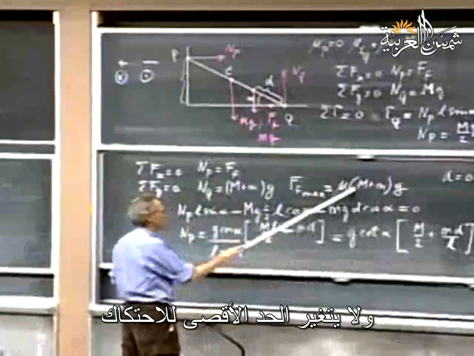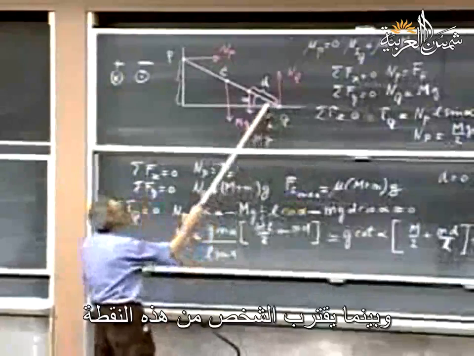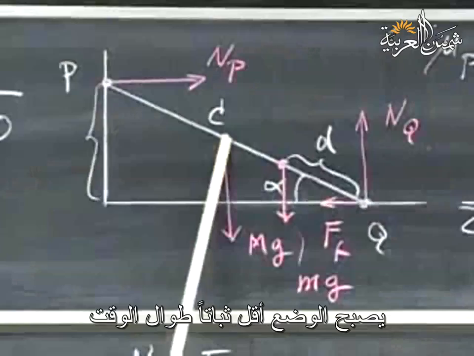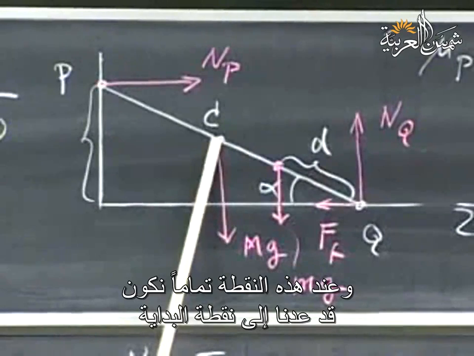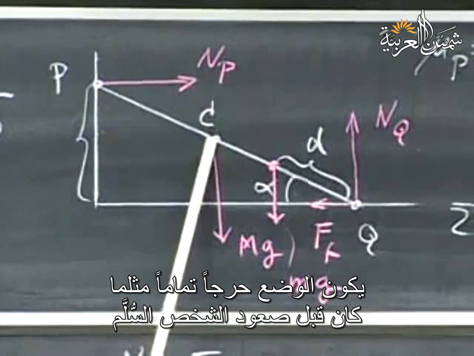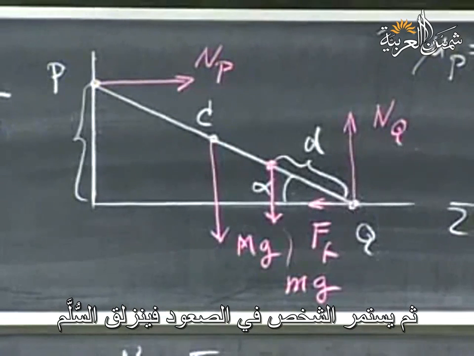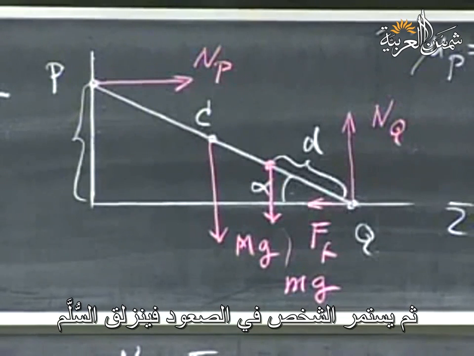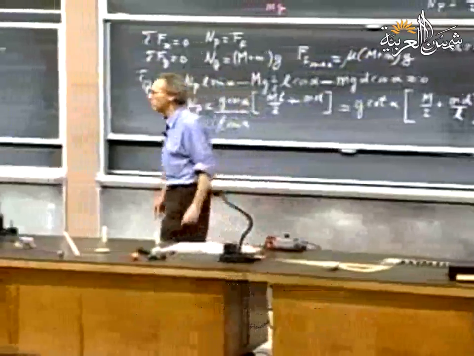The maximum friction will not change, has already gone up because the person is on the ladder, and as the person approaches this point, the situation becomes less and less stable all the time. Right at this point, we're back to where we were. Situation is about as critical as it was before the person steps on it, and when the person proceeds, then the ladder will slip.